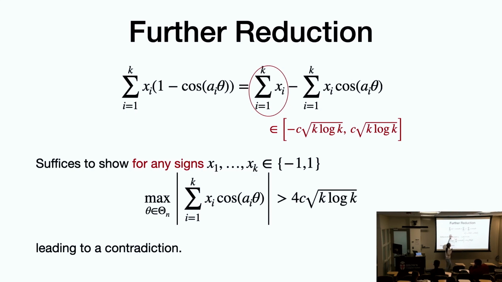Then the absolute value of this number is greater than 4c root k root log k minus c root k root log k, which is greater than 2c root k root log k.